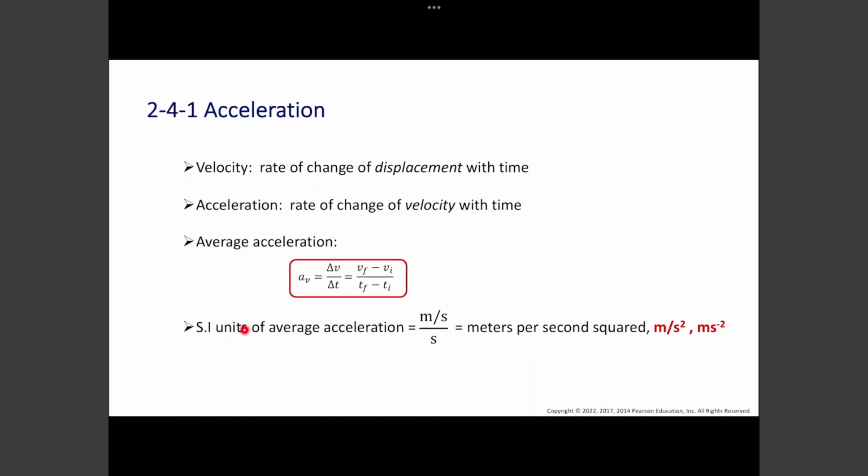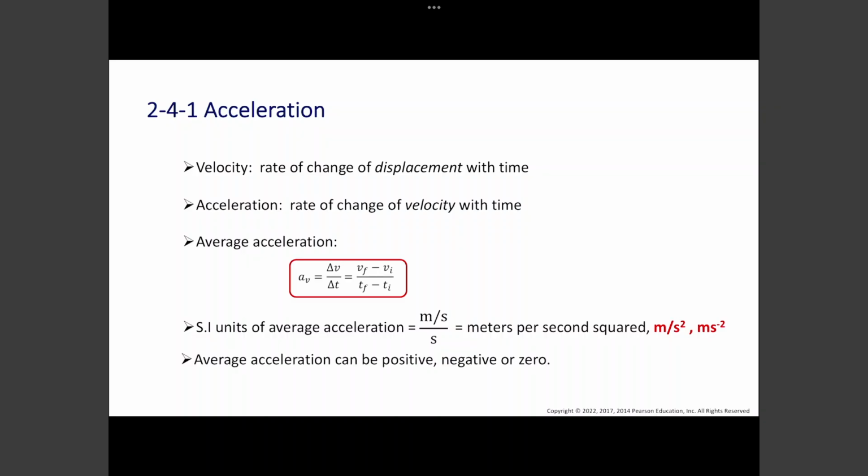Now the SI unit of average acceleration is meters per second over second. Acceleration is velocity over time, so the units are units of velocity, that means meters per second, over units of time, that means seconds. So the SI unit of average acceleration is meters per second squared, or m s^-2.